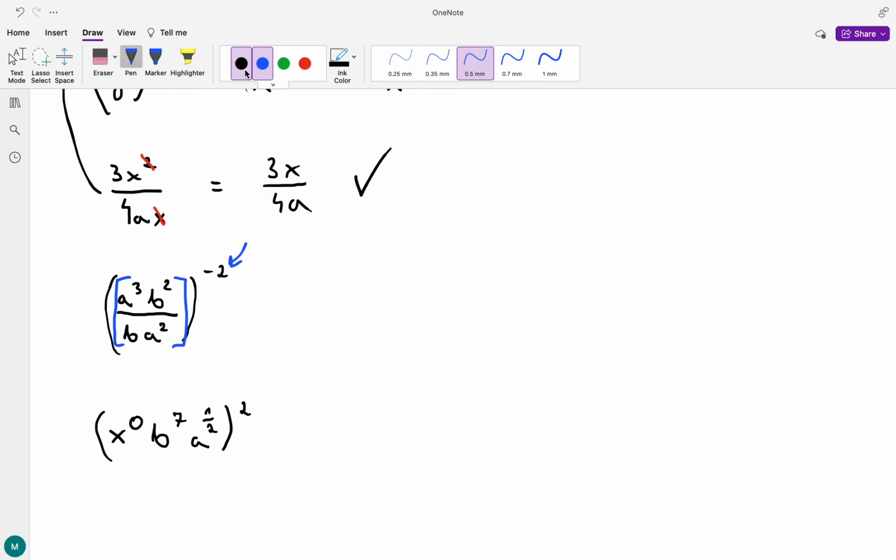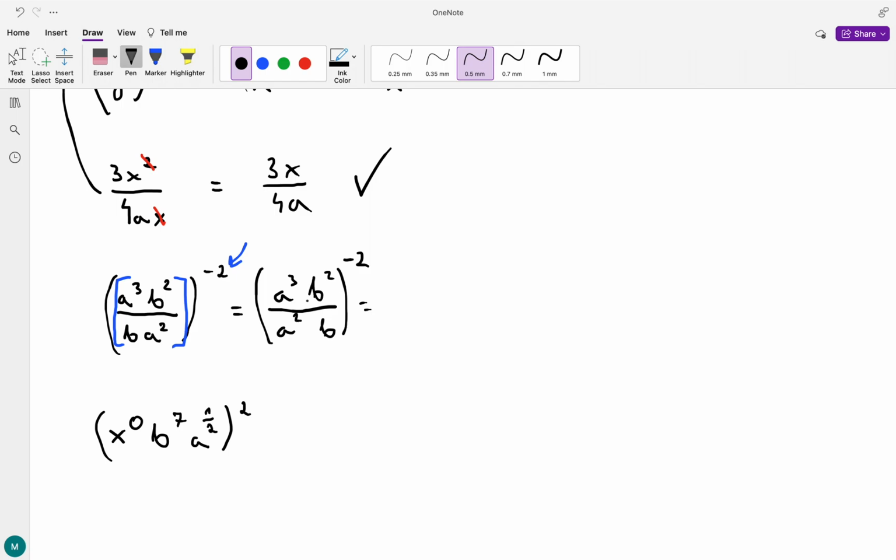So I'm going to switch the order. I'm going to clean it up a little bit first. So top stays the same, a to the third, b to the second, and I'm going to switch the order of this multiplication. So it's going to be a squared divided by b. And obviously, let's not forget about our exponent of -2.